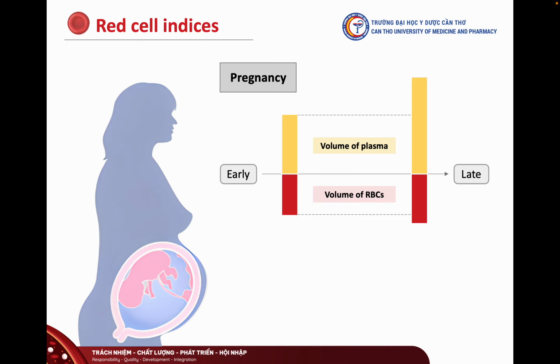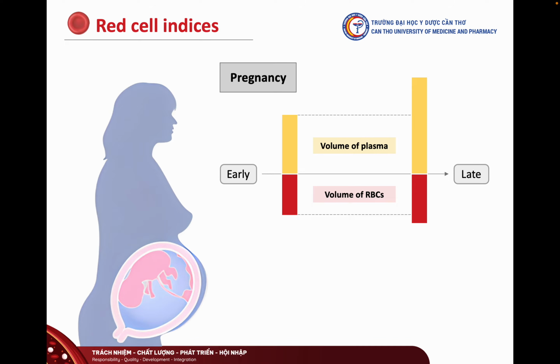However, the increase in plasma volume is much greater and faster, leading to what we call physiological hemodilution. As a result, hemoglobin concentration along with the hematocrit and the RBC often shows a relative decrease, even though the red cell production is actually going up.